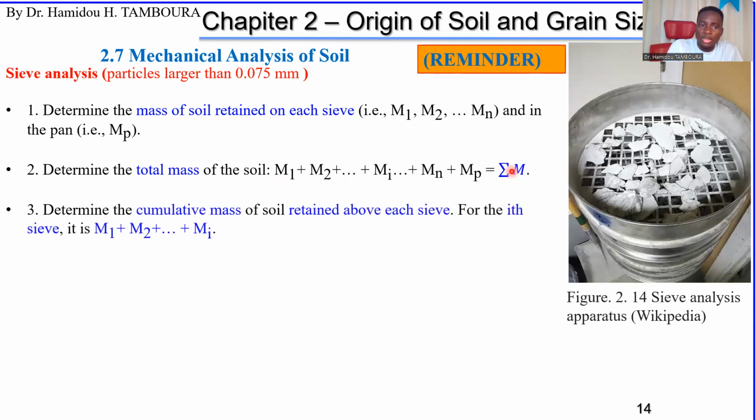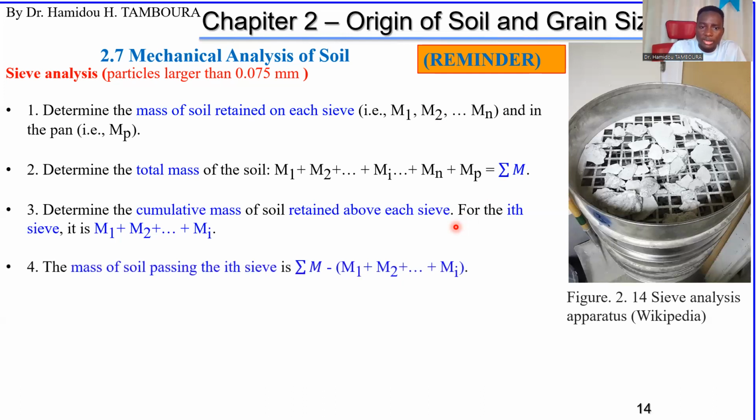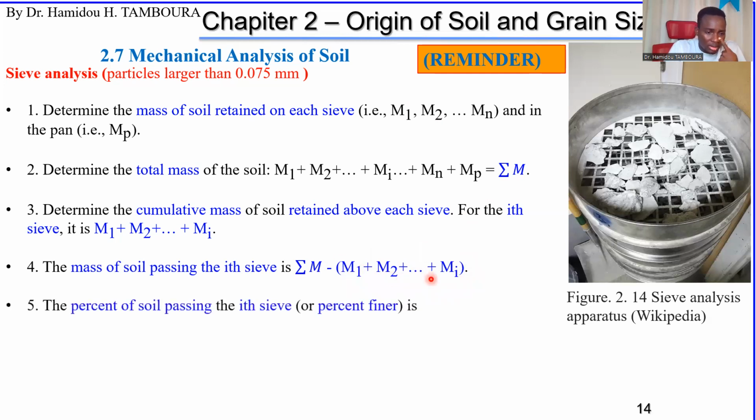Number three, then we can calculate cumulative mass on each sieve, which means adding the total mass retained above that corresponding sieve. And the passing mass is just total mass minus the cumulative retained mass of each sieve.